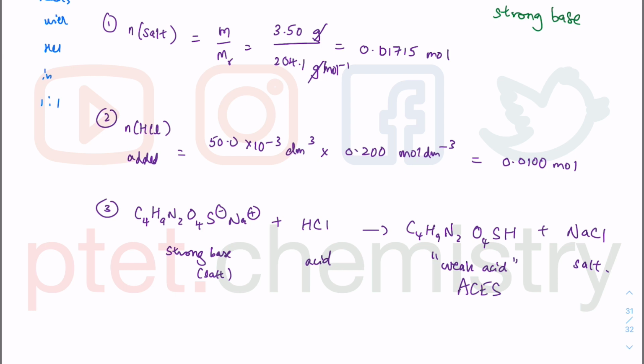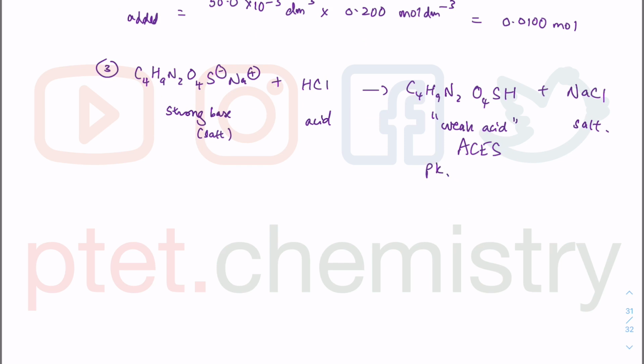If you look at the question, the acid has a pKa, so the pKa of the acid is 6.88 at 298 Kelvin. So the acid is a weak acid. No questions asked, because you talk about pKa because it's a weak acid. What do we know? We know that they react in a 1-to-1 mole ratio.